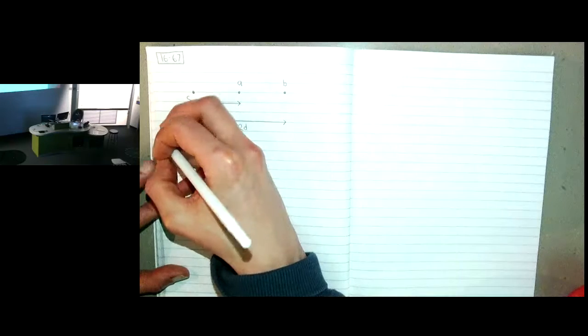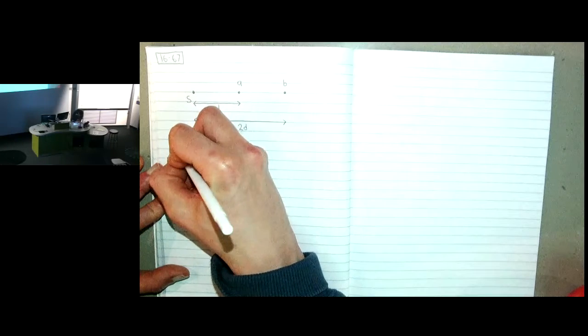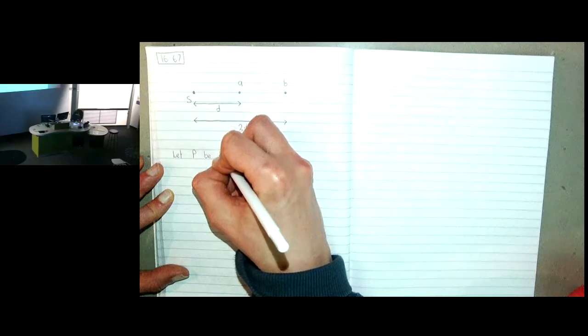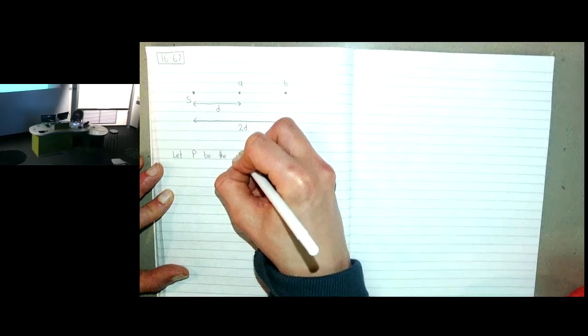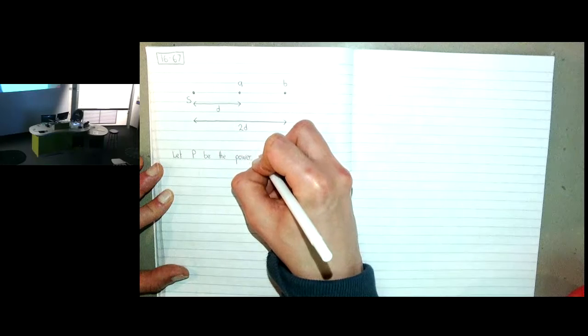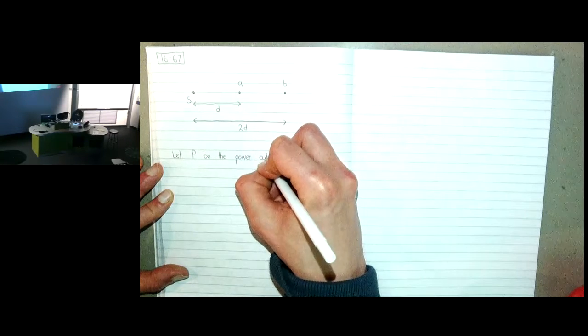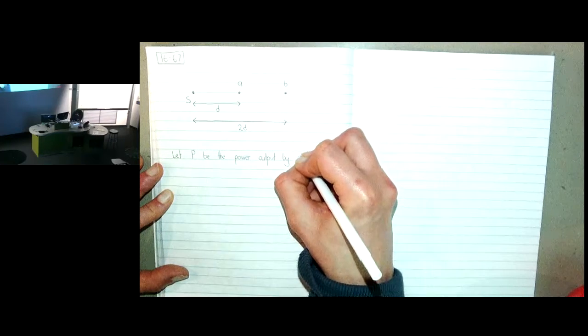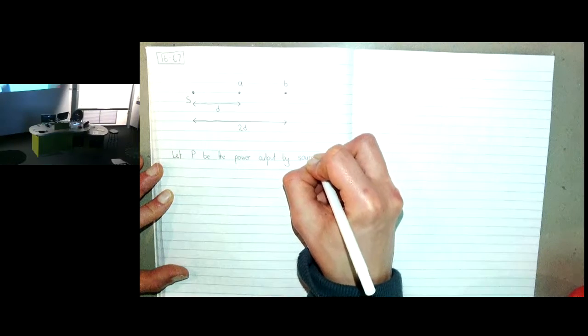And we could say then that let P be the power output by the source. And this is going out uniformly in all directions.